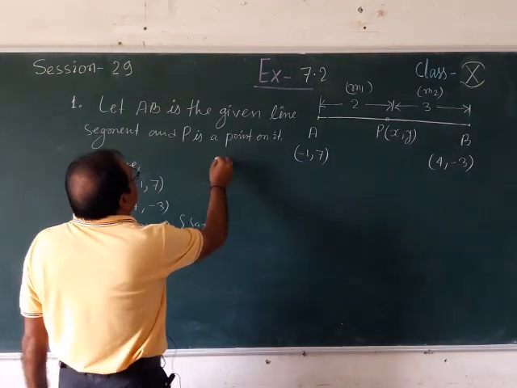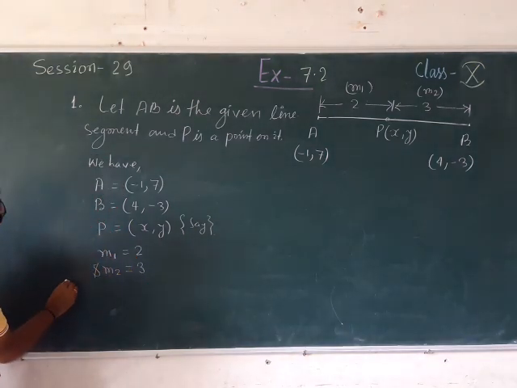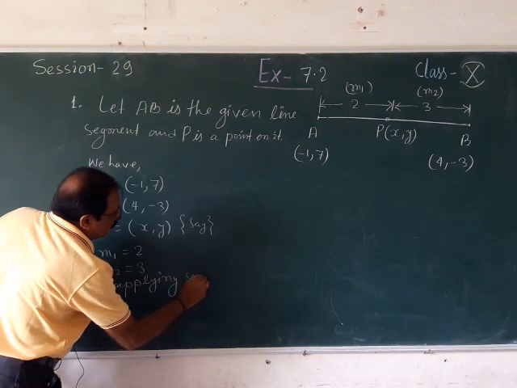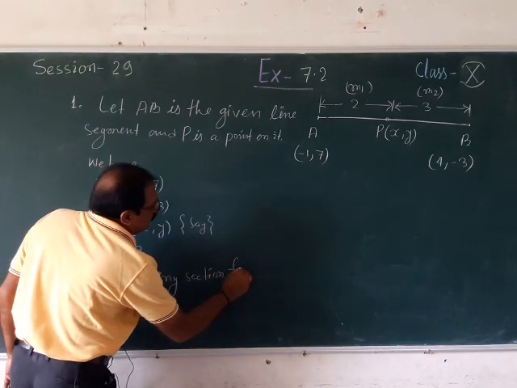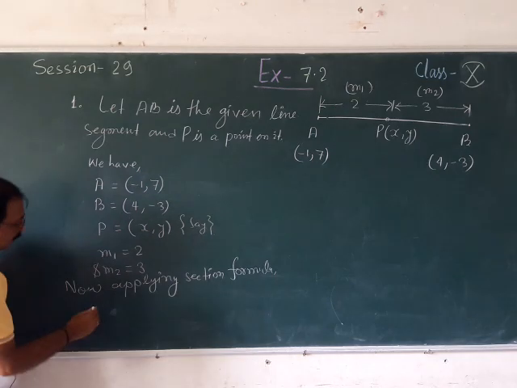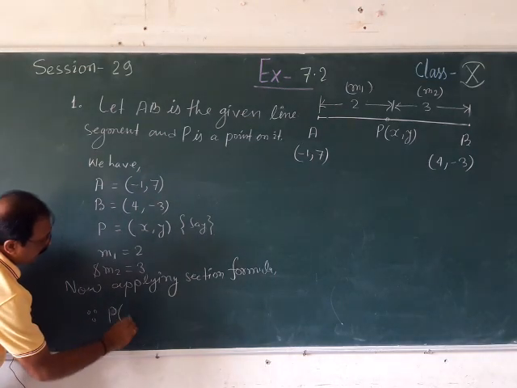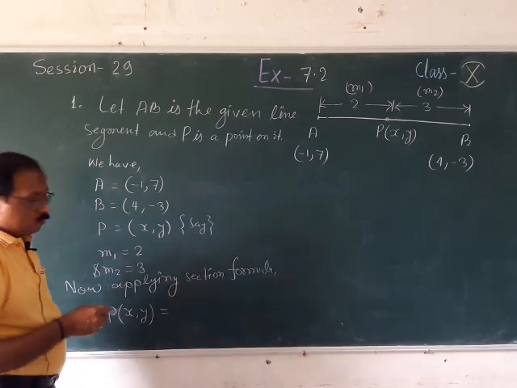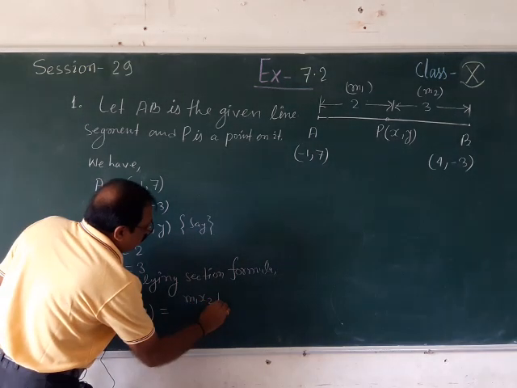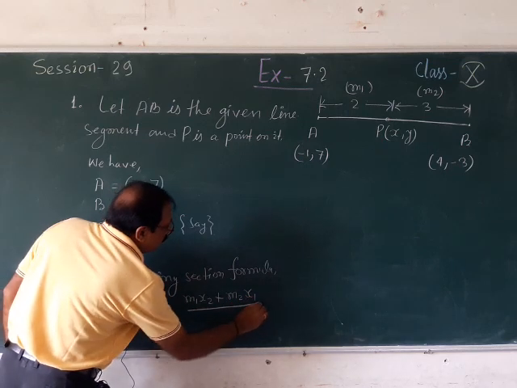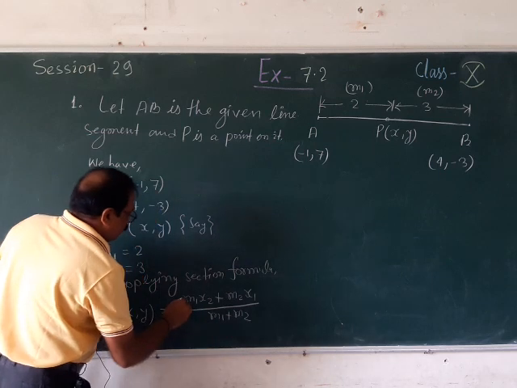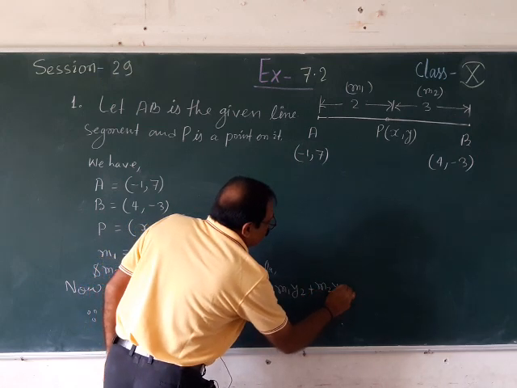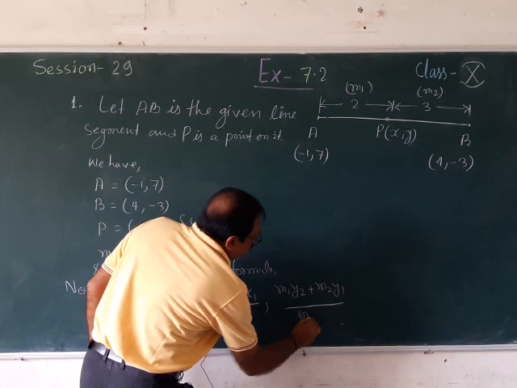Now applying the section formula. We know that P(x, y) is given by x = (m1 x2 + m2 x1) upon (m1 + m2), and y = (m1 y2 + m2 y1) upon (m1 + m2).